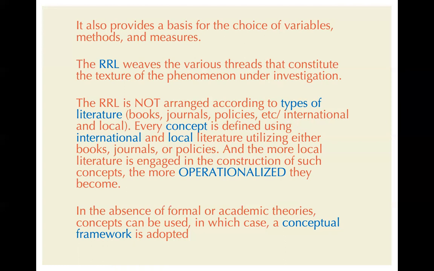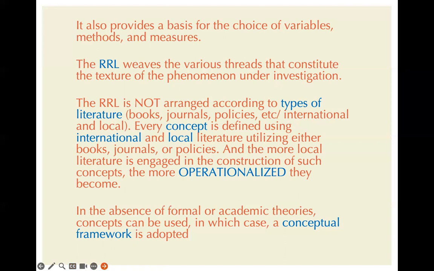So in the absence of a formal or academic theory that is enough to represent how the study will proceed, a conceptual framework will be adopted. No? And that's why it's called conceptual framework versus a theoretical framework.